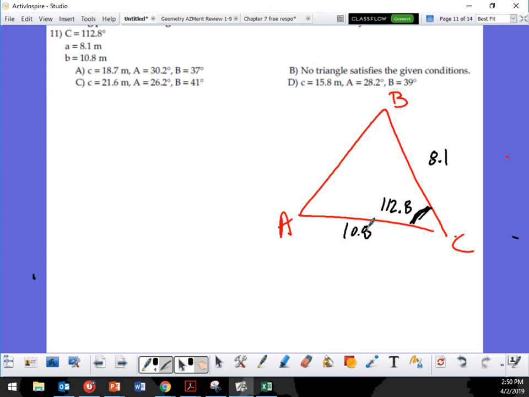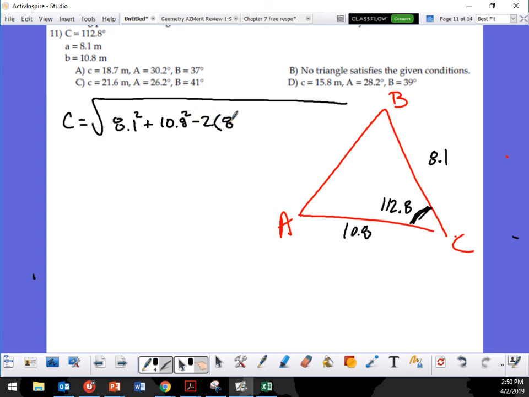So little c is equal to the square root of 8.1 squared plus 10.8 squared minus 2 times 8.1 times 10.8 times cosine of 112.8. There you go.